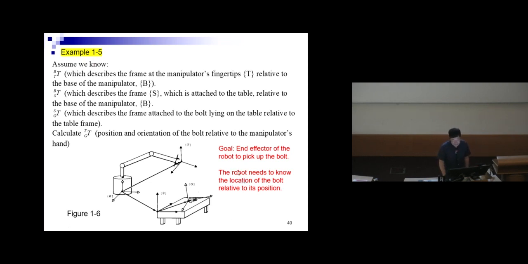In this case, the robot needs to know the location of the tool relative to its position B. So this is a setup, this is a configuration. You have 4 frames, you attach them nicely.